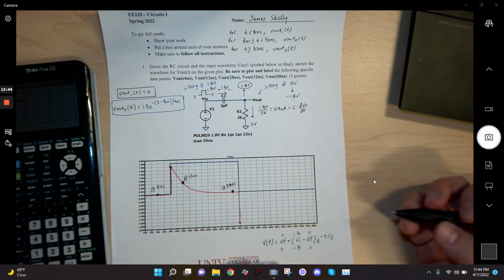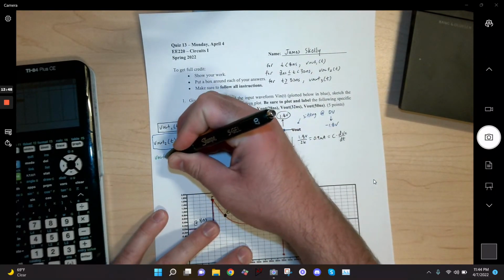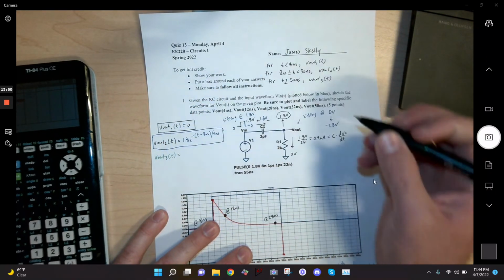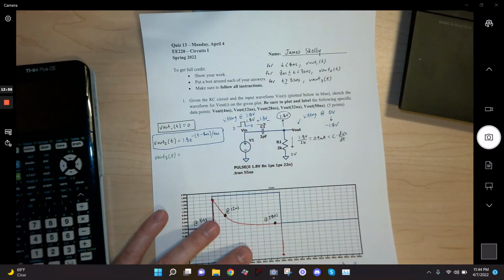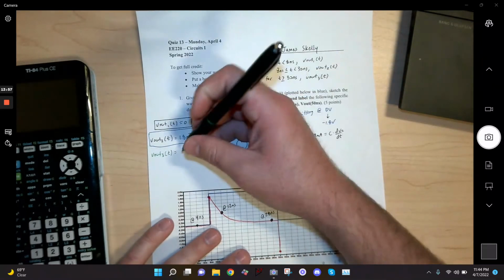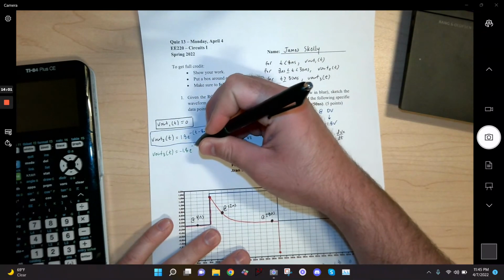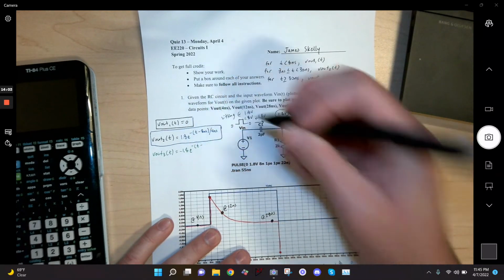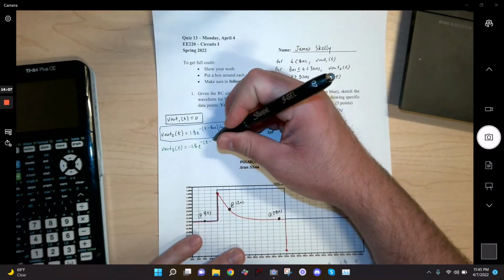Okay, so now the equation is going to be basically exactly the same thing. V out 3 of t, right? That's t greater than 30 nanoseconds, so all of this time it's going to be negative 1.8 e to the minus t, but now this time I'm not subtracting 8 nanoseconds of delay, I'm subtracting 30 nanoseconds of delay.